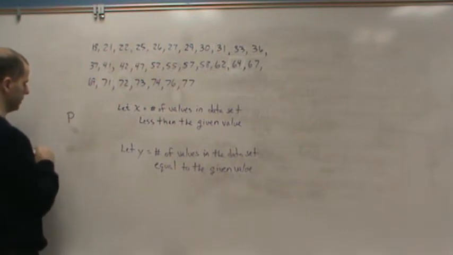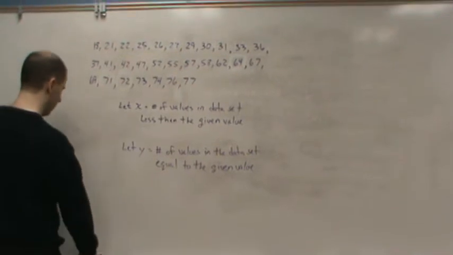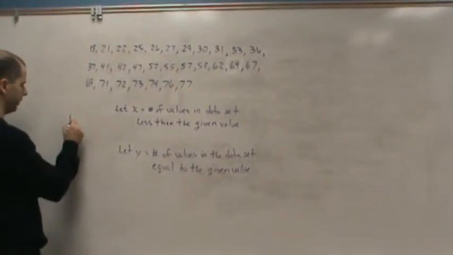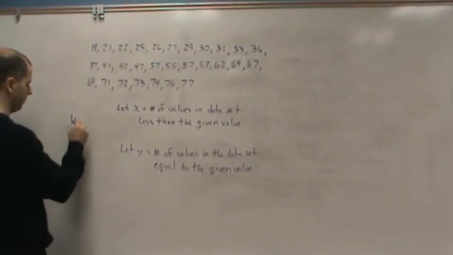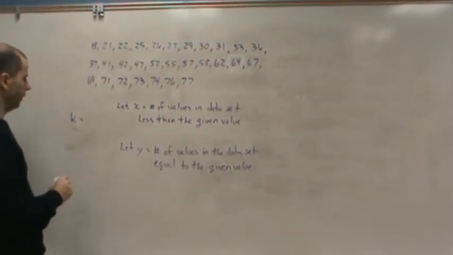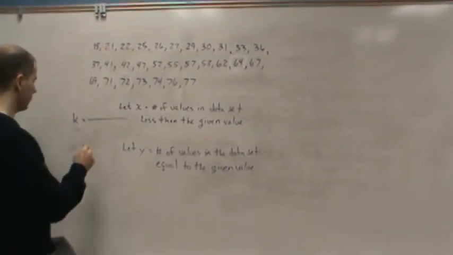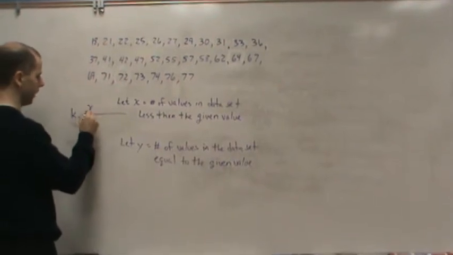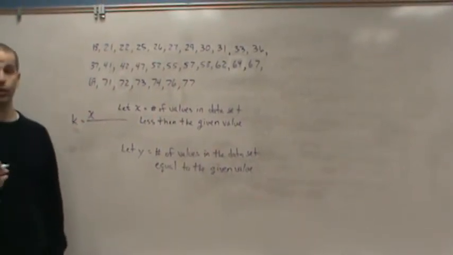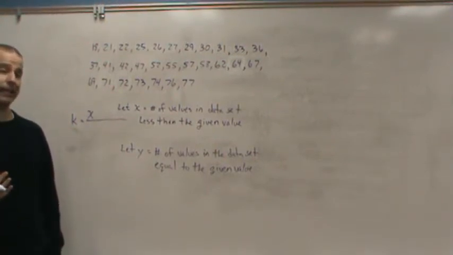If I have the kth percentile, so K, equals, here's the definition. I'm going to take x, the number of values that are below that value, and then add the number of values that are equal to that value.